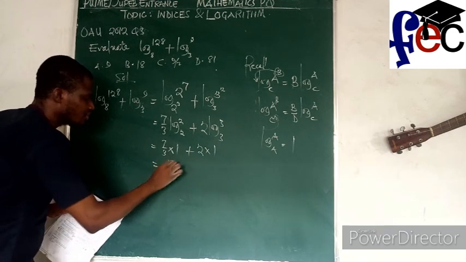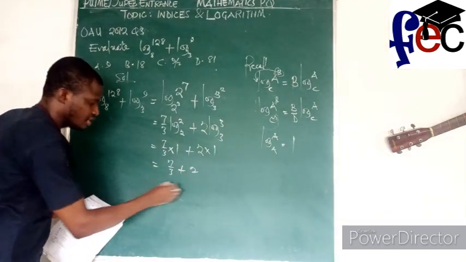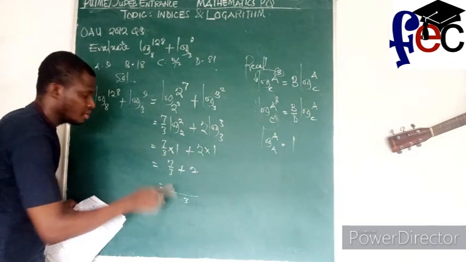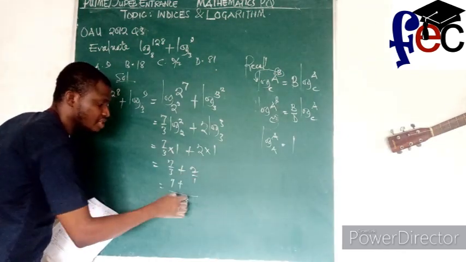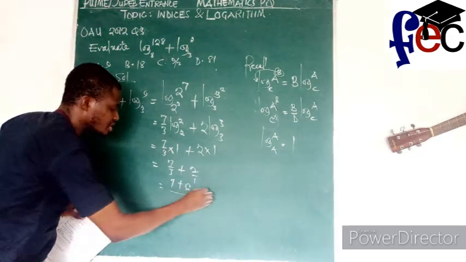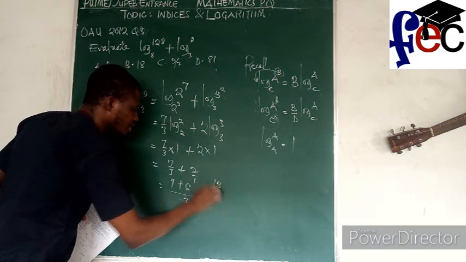So that this will be 7 over 3 plus 2. Your LCM here is what? 3. 3 in 3 is 1. 1 times 7 is 7. Plus this same thing as over 1. 1 in 3 is 3. 3 times 2 is 6. If you add them together, what do you have? You have 13 over 3.